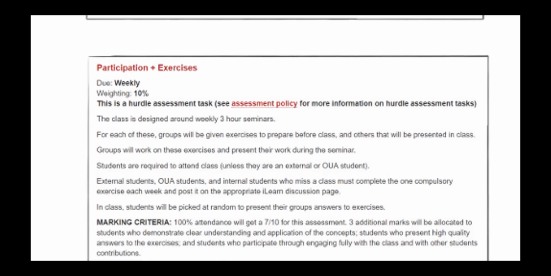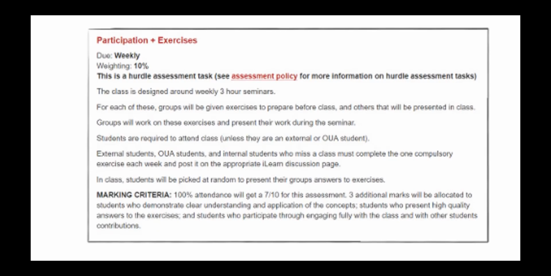Okay, we've actually already talked about the participation and exercises. The one thing I'd say is that if you have 100% attendance and 100% participation in the exercises on iLearn, then expect to get 7 out of 10, which is a credit.